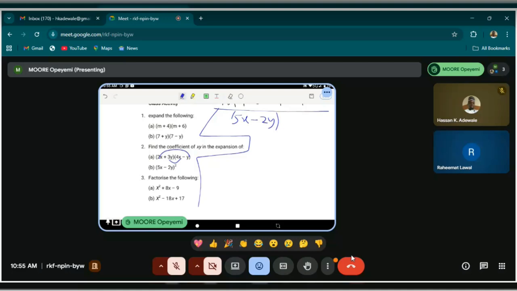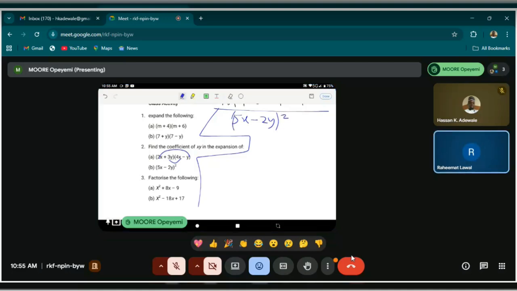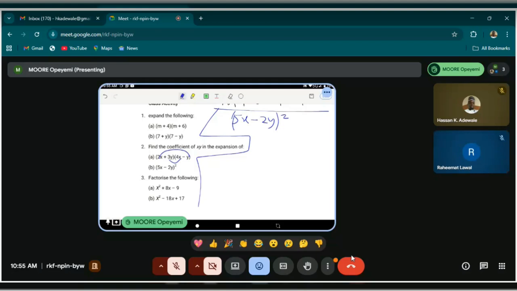Minus 20. Yes, for the purpose of those that are not there now, we expand this. Since it is raised to the power of 2, we have it like this, then another 5x minus 2y will be in another bracket.